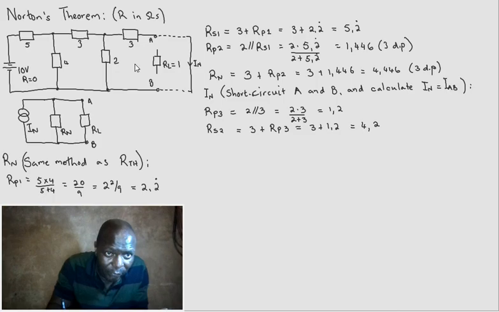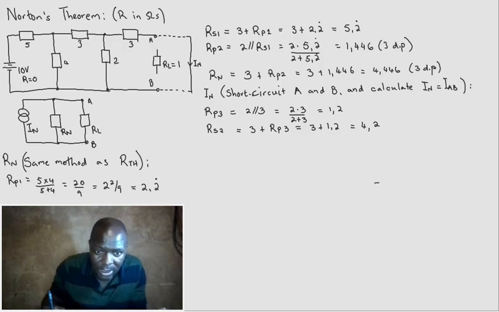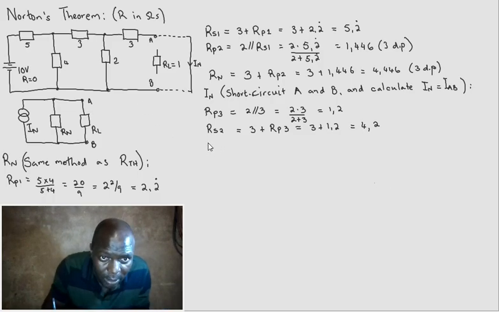Now that value is going to be in parallel with the 4 ohm, as you can see. From there, 3 in series with that is in parallel with that 4. Something is wrong here with the pen. Now let's say we want R parallel 4. Okay, I've got the eraser.